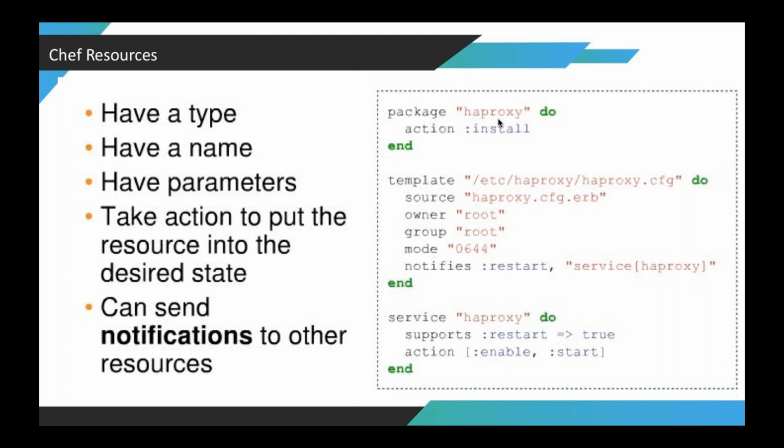Even if we just write package haproxy, by default it's going to apply the action of install on the system. And then we have a template that we copy to the HAProxy configuration file and restart the service to make it effective. And we are also enabling the service.